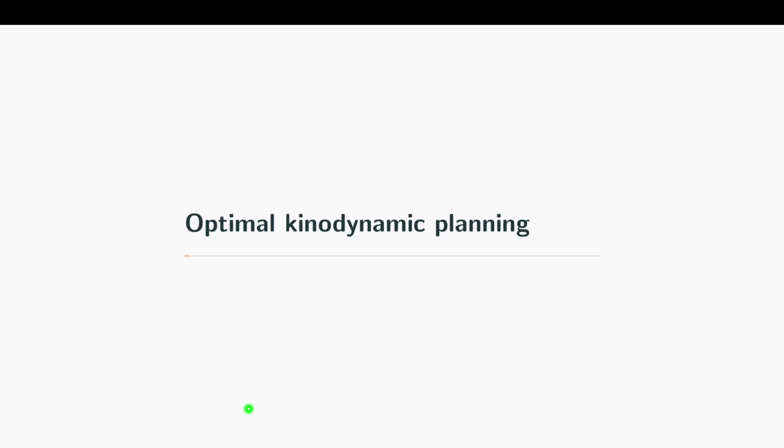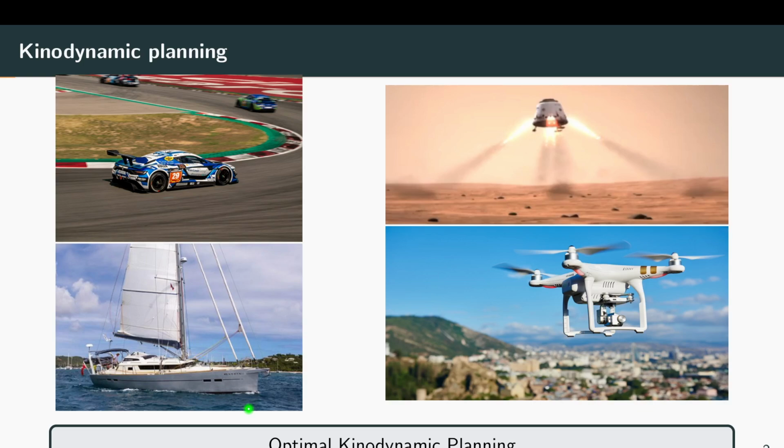Okay, so let's start with optimal kinodynamic planning. Just to recap, since we have been in the last few weeks mostly in geometric planning, the motivation of kinodynamic planning is that not in all robotic cases we can really rely on just planning a path and then being able to follow it.